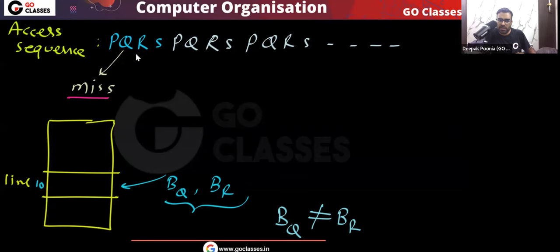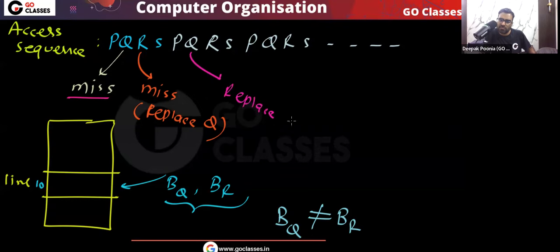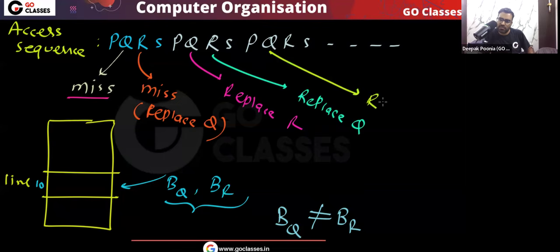Initially this Q is a miss, and after that this is also a miss, but this R will replace Q. Next time, this Q will replace R. What will this R do? It will replace Q. Okay, yes or no? That's it, and so on. You can see this Q will replace R.